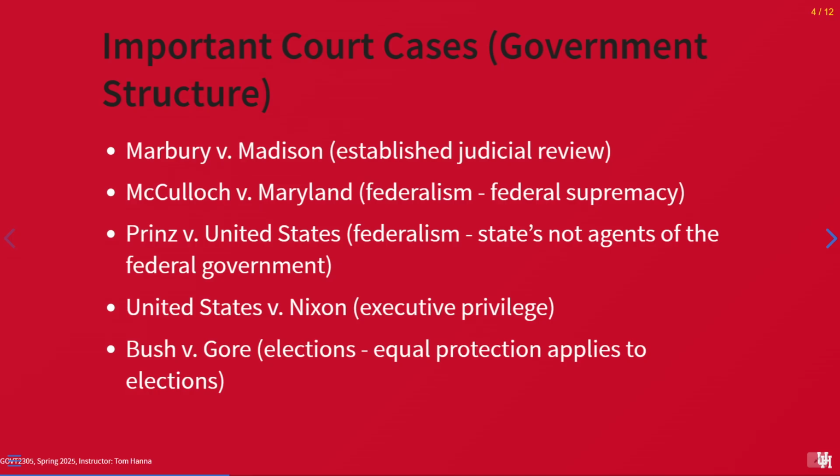So if they're going to analyze lesser laws than the Constitution, that has to include deciding whether the laws are compliant with the Constitution. So it was always implied, but it was not a power that was specifically given to the courts in the Constitution. Marbury versus Madison is the case where they said, yes, we do have this power.